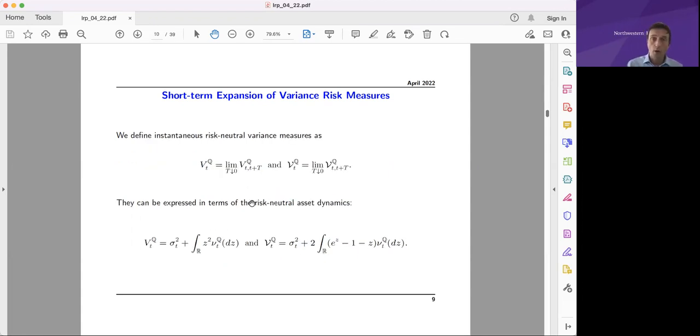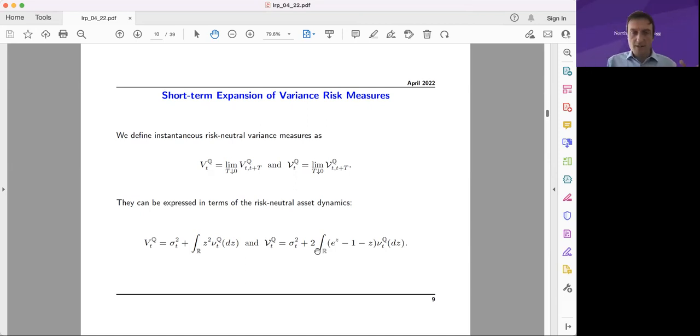So what I will introduce here, it's convenient, is the spot or the instantaneous risk neutral variance measures, which are basically the limit of these risk neutral variance measures over a given interval, collapsing the interval to zero. What you get in this case, of course, is the spot variance. But there are these two versions of the spot variance, depending on the two risk neutral variance measures.